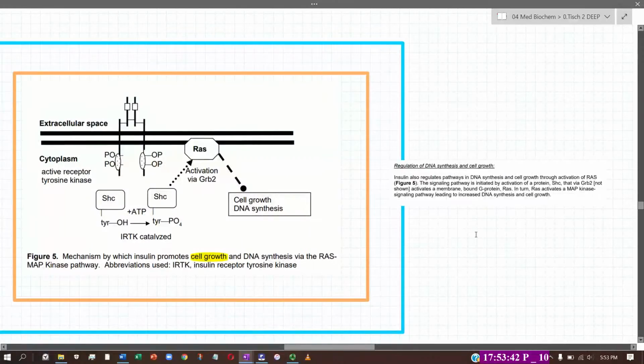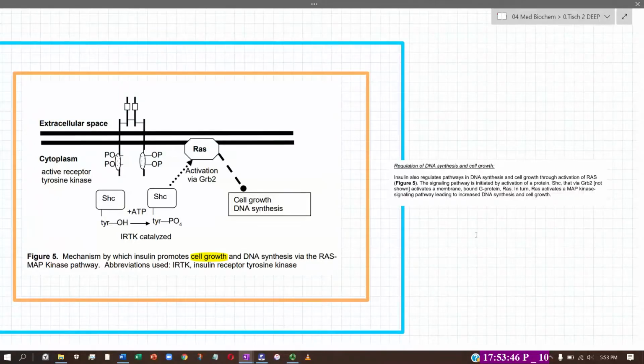Insulin also regulates pathways in DNA synthesis and cell growth through the activation of RAS. The signaling pathway is initiated by activation of a protein named SHC. And this protein, via GRB2, activates RAS, which is a membrane-bound G protein.